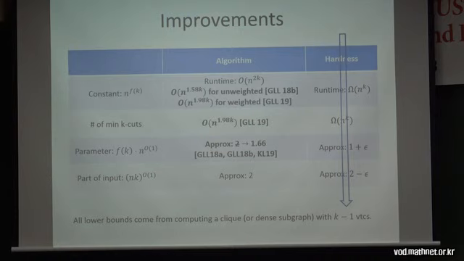Even the approximation problems all come from the hardness of finding k-clique. It's interesting to see whether k-cut, which looks like a much harder problem than finding k-clique, can perhaps be done in the same complexity as finding k-clique. We don't have any better lower bounds. So that's it. Okay, thanks.